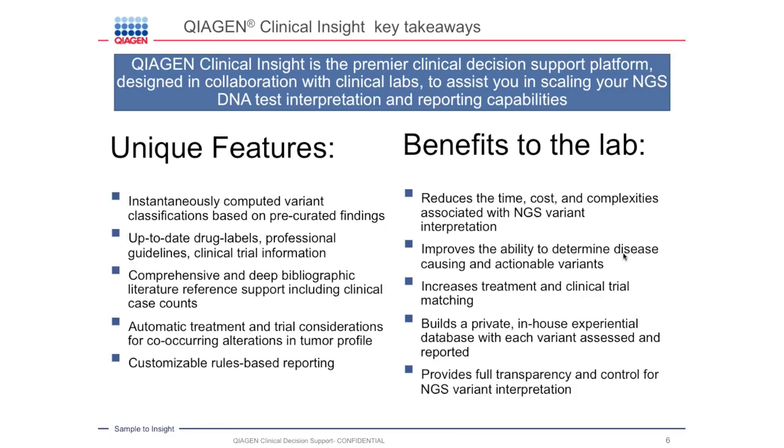The benefit that we provide to your lab is to reduce the time, the cost, and complexity of your interpretation, improve the ability to determine disease-causing and actionable variants, increase treatment and trial matching, build a private in-house experiential database with each of the variants, and also provide full transparency and control of your NGS variant interpretation.